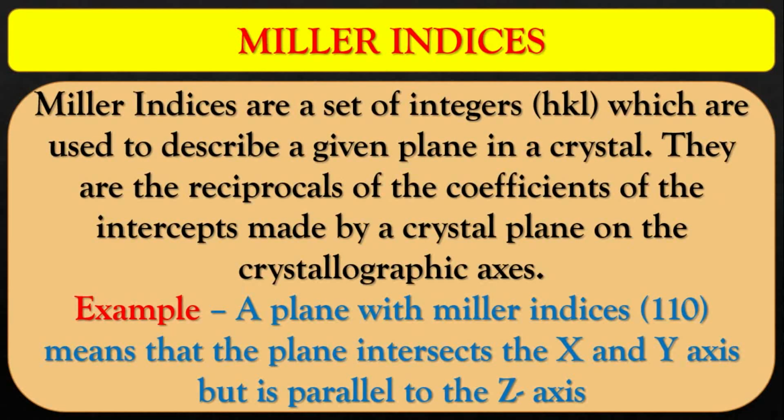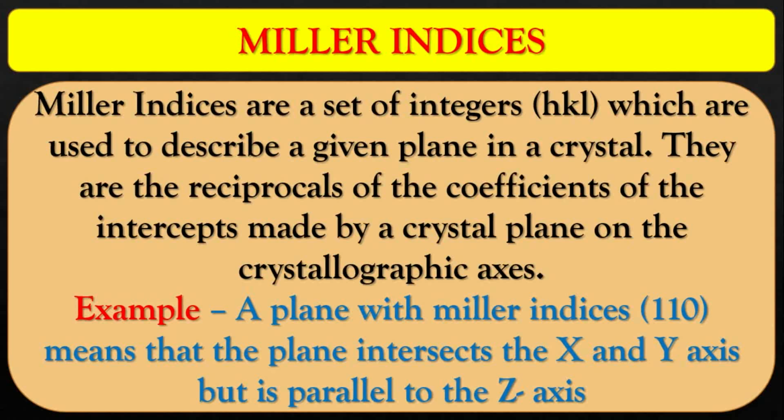Now that we have known how to write the Weiss indices and Miller indices for a crystal plane, let us summarize the Miller indices and define it. In short, the Miller indices are a set of integers hkl in parentheses which are used to describe a given plane in a crystal. You take any plane inside a crystal and you can define it using the Miller indices.